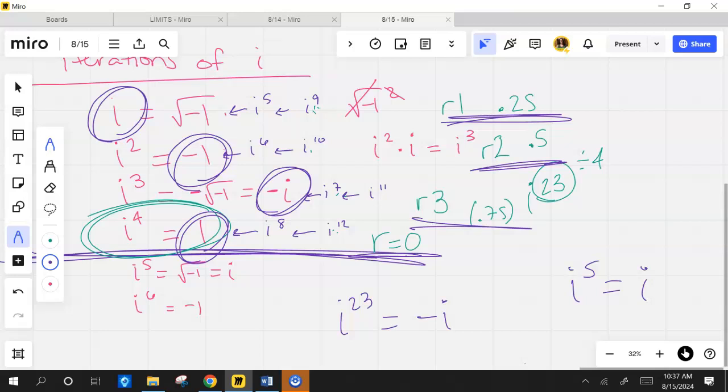If it's a remainder of 3, go to the third iteration. It's the iteration number. So remainder 1 would be the very first, i to the first power. Remainder 2 would be i to the second power.